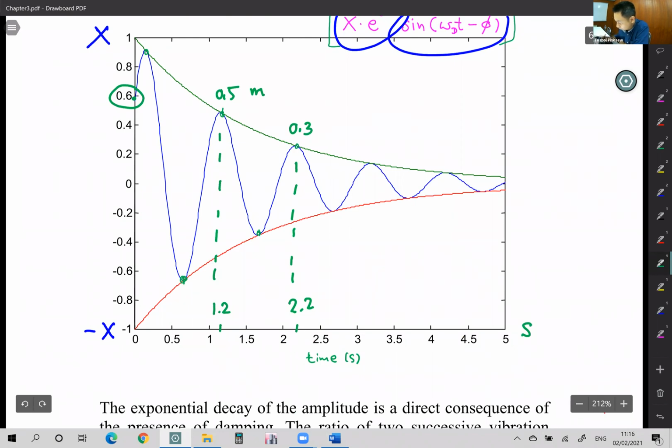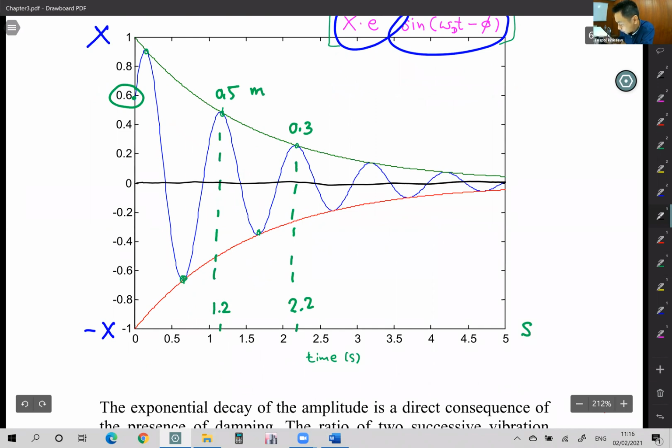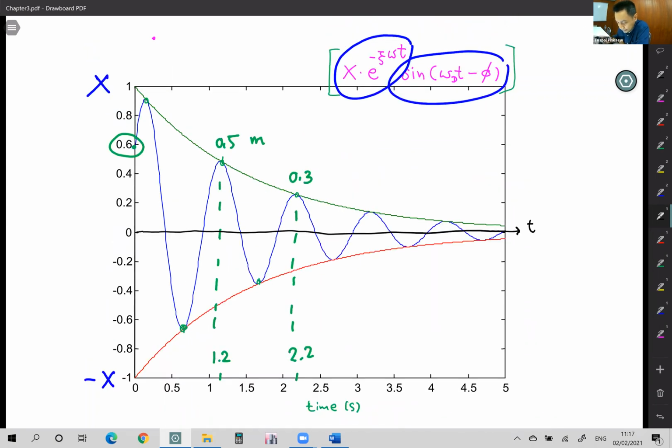And the y-axis, we are talking about the vibration, right? x of time t. This is x(t).